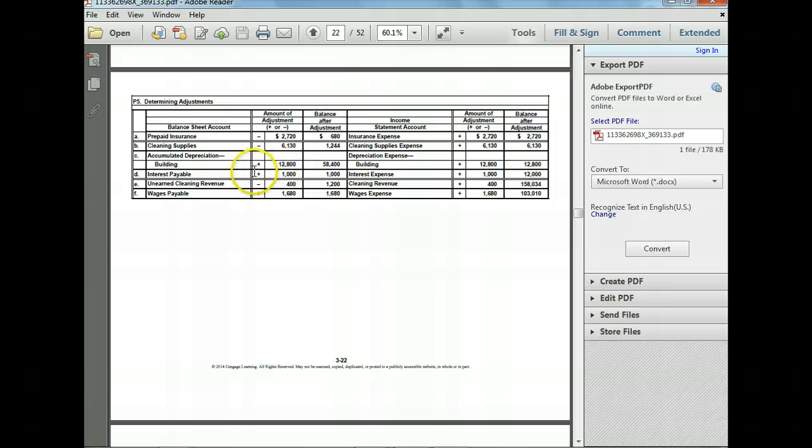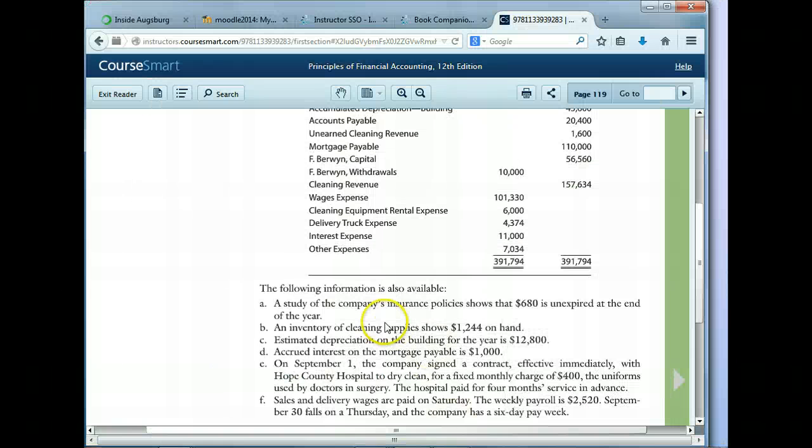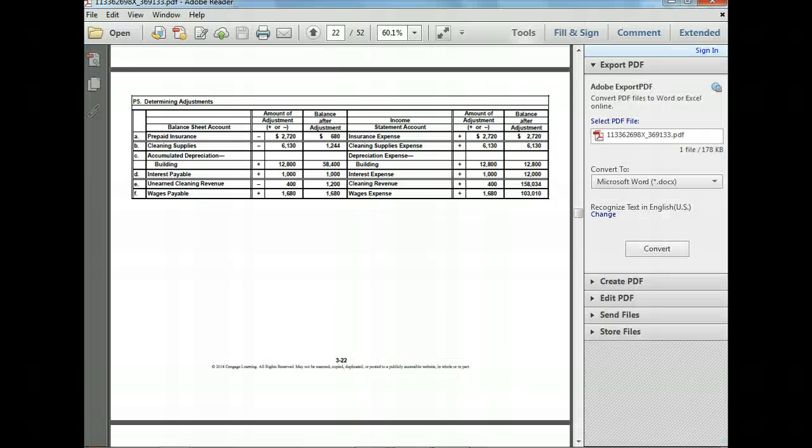There is no balance sitting in our trial balance, so after this adjustment, we'll have a credit balance, or an increase, of $1,000. On the income statement, we'll show interest expense of $1,000. If we look at our trial balance, we show previous to these adjustments interest expense of $11,000. After this adjustment, we'll have a new balance here of $12,000.